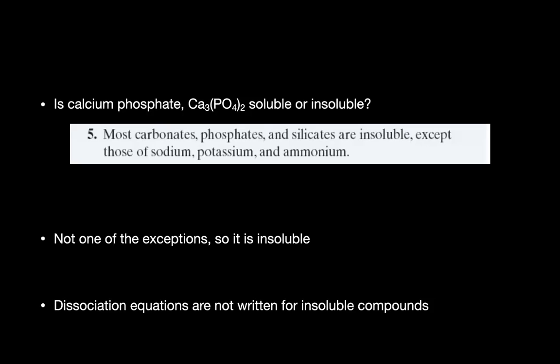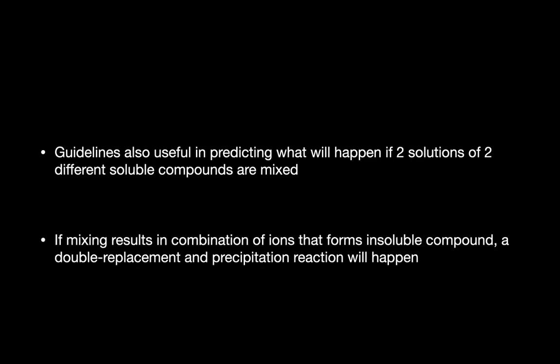So if something is insoluble, of course, we don't write dissociation equations for them because there's literally no products. The biggest thing that we use the solubility guidelines for is predicting if a precipitate will form if you mix 2 solutions. If that mixing results in a combination of ions that form an insoluble compound, a double replacement reaction will occur.